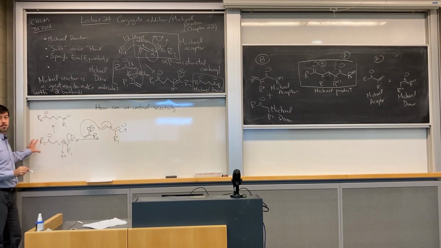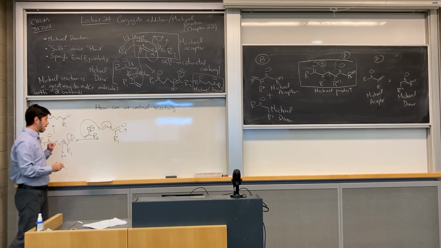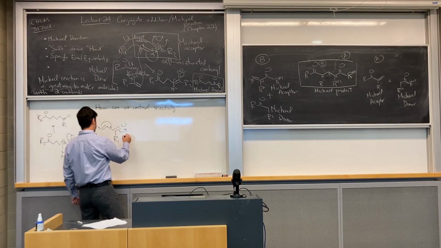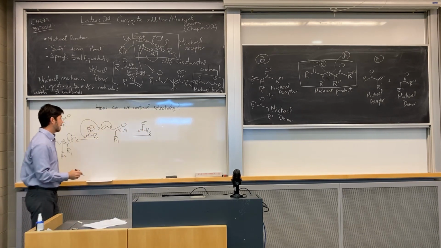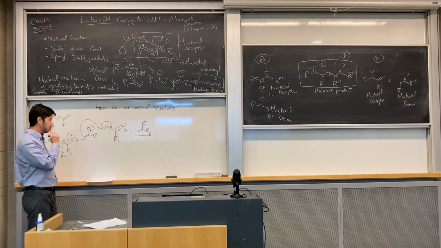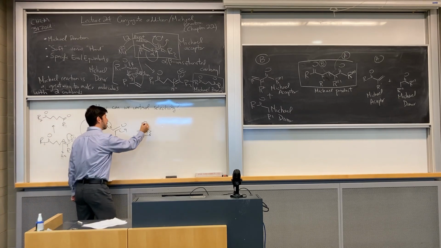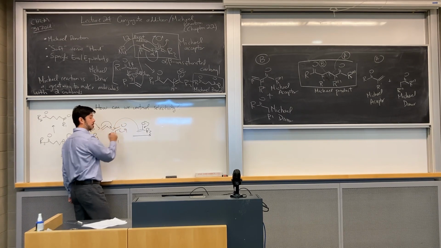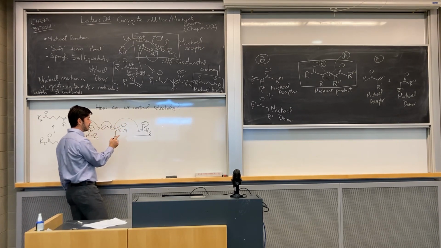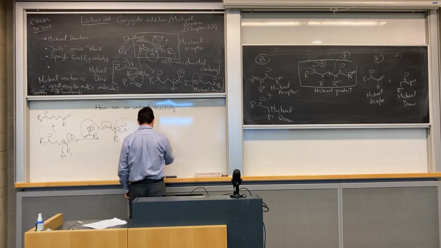Okay, so that's one pathway, and then the other pathway is if you take, let's say, the same enolate, and I think what I will do is I will have this attack through the competing reaction. So this can now attack here, and then the electrons can go up. So if that happens, this is going to be called direct addition.